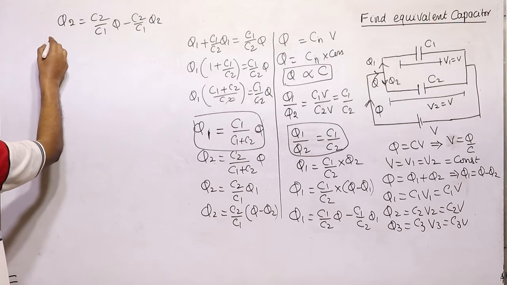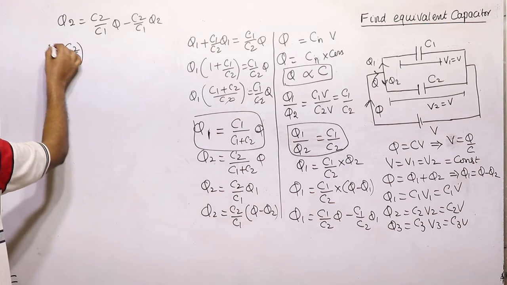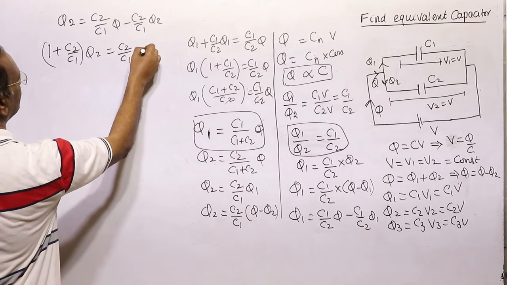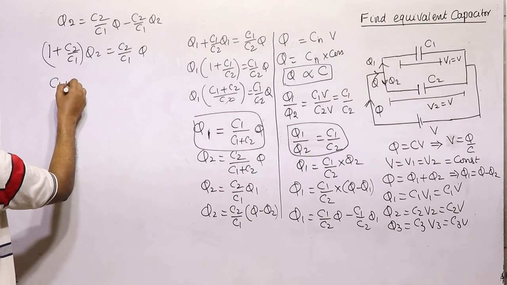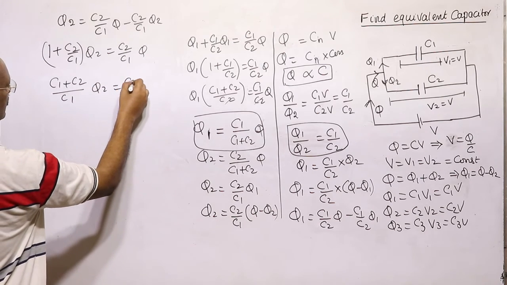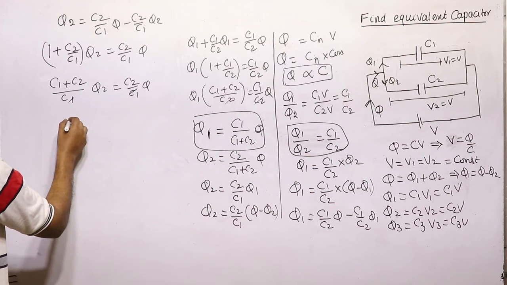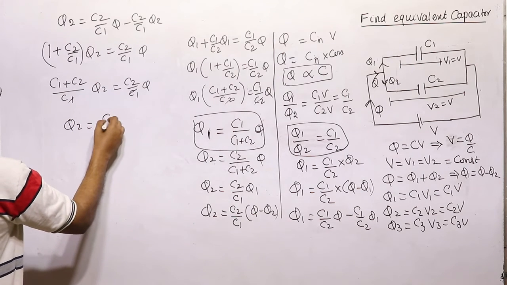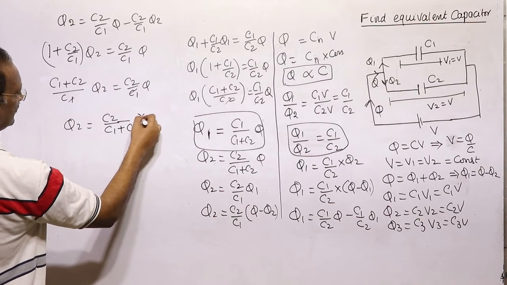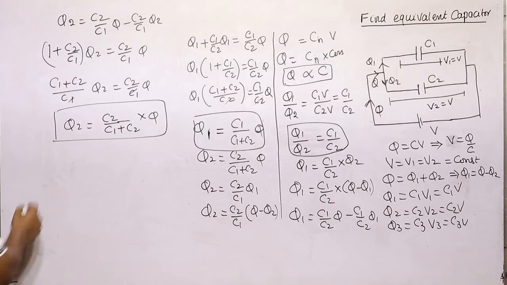Bringing it to this side, 1 plus C2 by C1, Q2 is equal to C2 by C1 into Q, or C1 plus C2 by C1 Q2 is equal to C2 by C1 Q. Cancelling this, Q2 is equal to C2 by C1 plus C2 into Q. So this is the result.